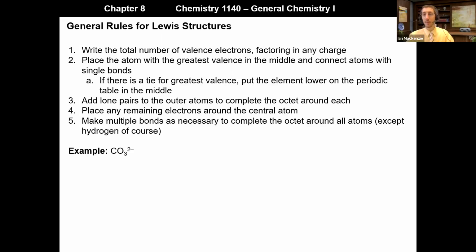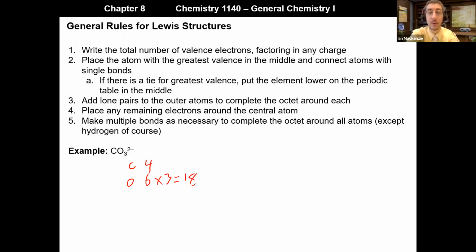Let's go through an example of what this would look like: the carbonate ion, CO3 2-. The very first step is to write the total number of valence electrons, factoring in any charge. Carbon has 4 valence electrons. Oxygen has 6, and I've got 3 oxygens, so I have 18 valence electrons coming from oxygen.